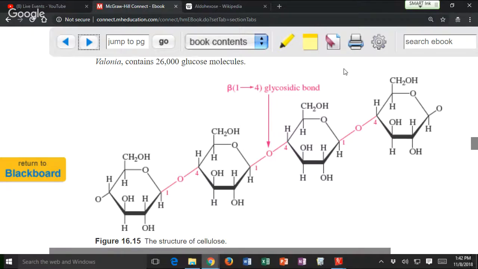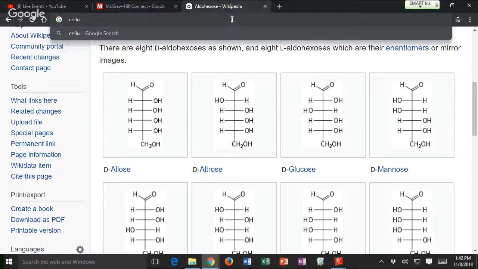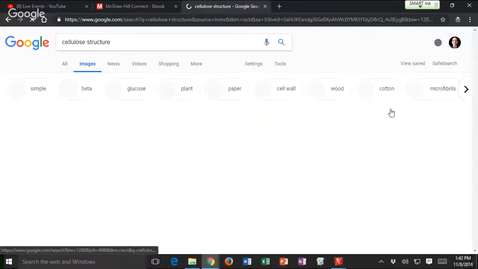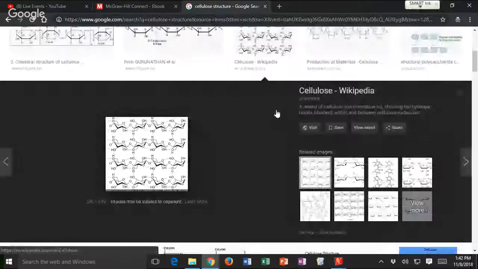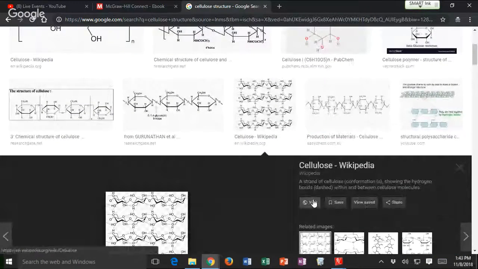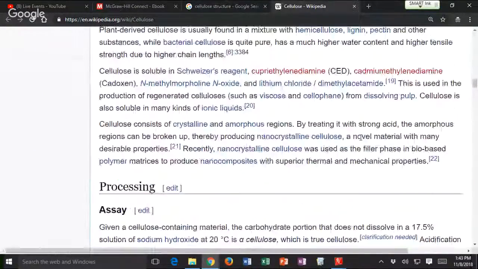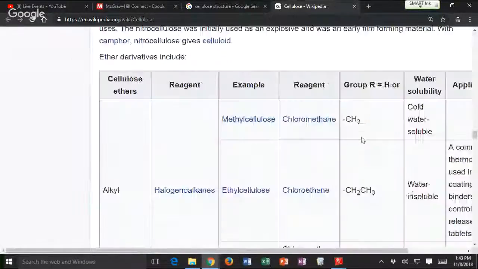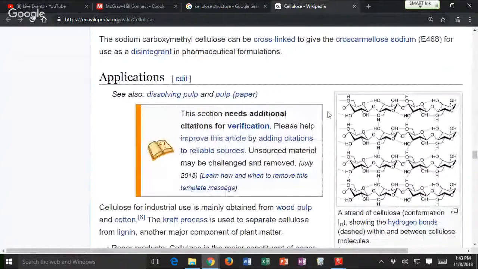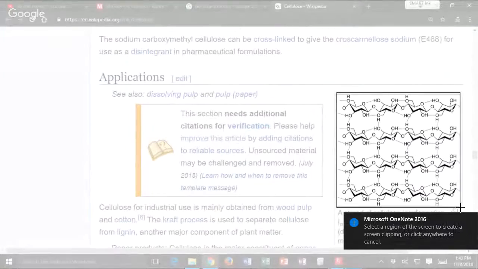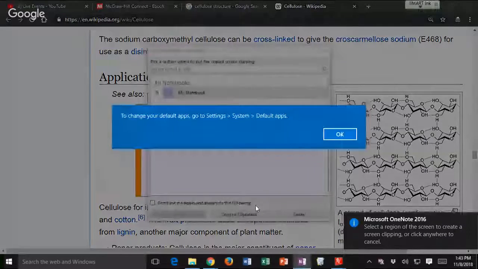Because even though this is how the book shows the structure of cellulose, it's really more like this. Let's take a look at this so we can show what's going on here.